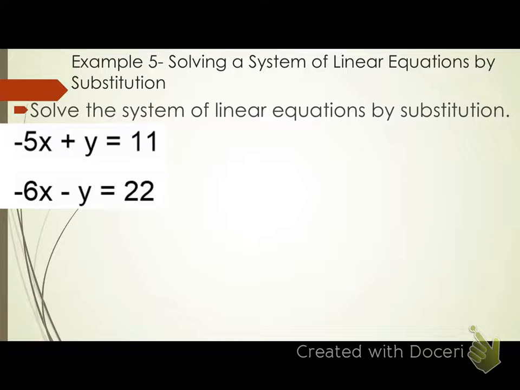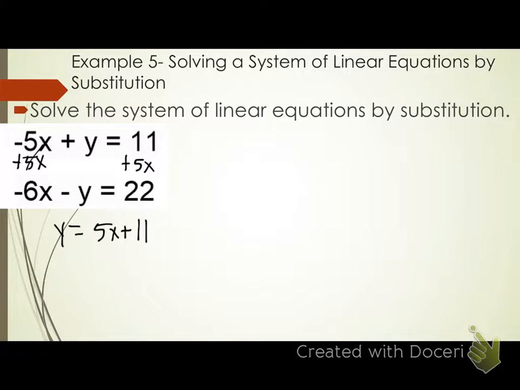The fewest steps. Top one. I only have one step on the top one to get which variable by itself? y. What do I have to do to get y by itself? Add 5x to both sides. So I get y equals 5x plus 11.